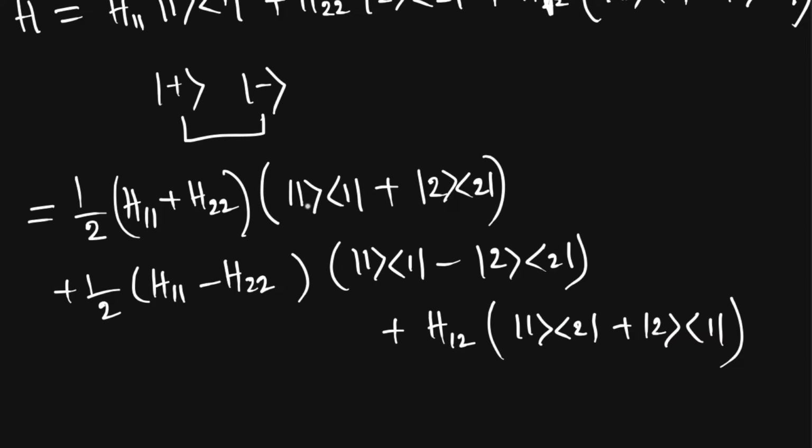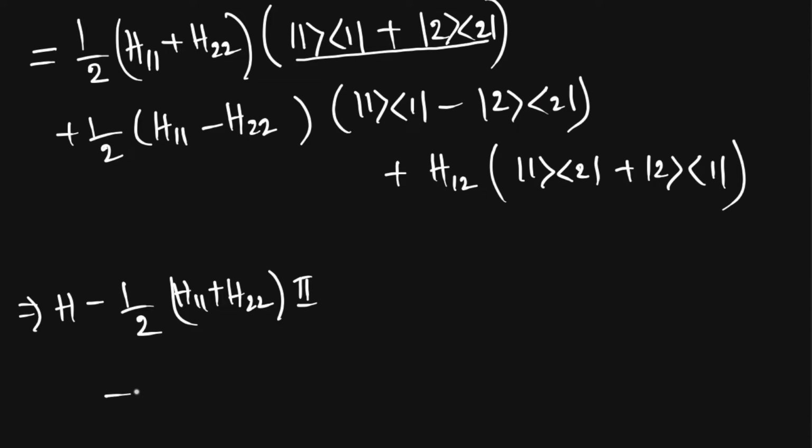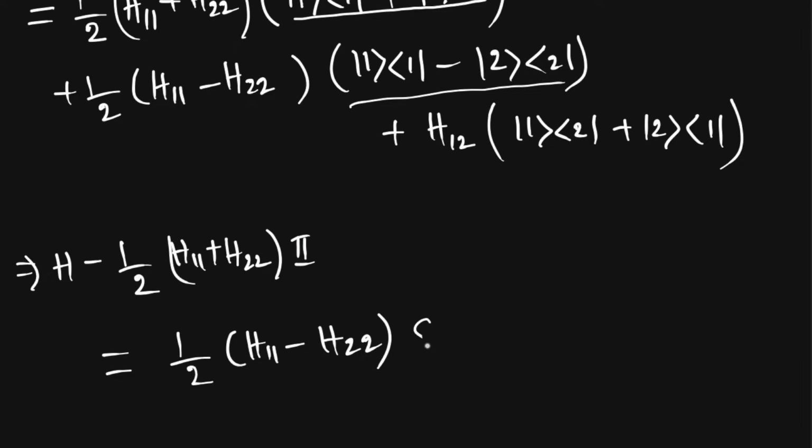Now from the completeness relation we know that this is nothing but the identity operator. So let us write H minus half (H11 + H22) identity operator is equal to half (H11 − H22) times something similar to the Sz operator, and this is similar to the Sx operator, that means H12 Sx.